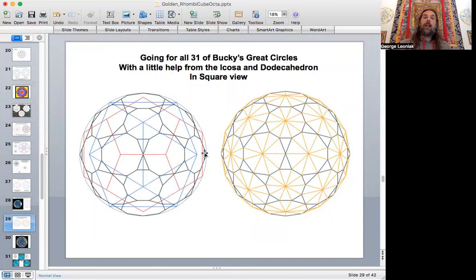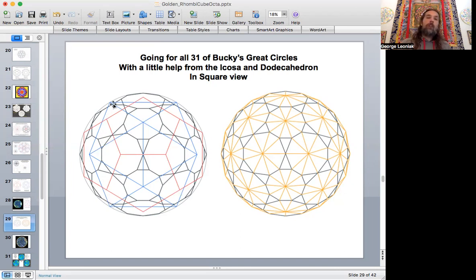So what I did next is, because I knew I had those 16, I need 15 more great circles. Now, I could do them because I already have octahedron in here to give me those other hoops, but I wanted to fill out the rest of the form here, and all I really need is an icosahedron and a dodecahedron to touch the surface of that sphere that the rest of the 150 vertices are connected to.